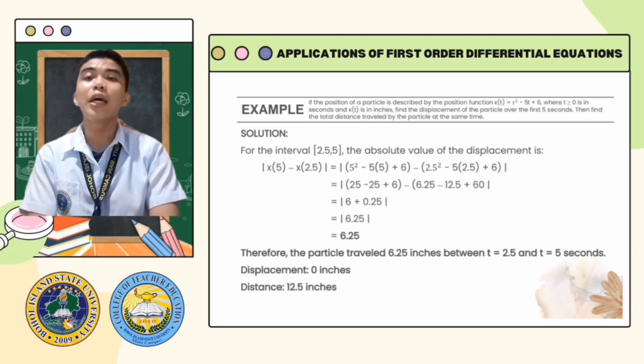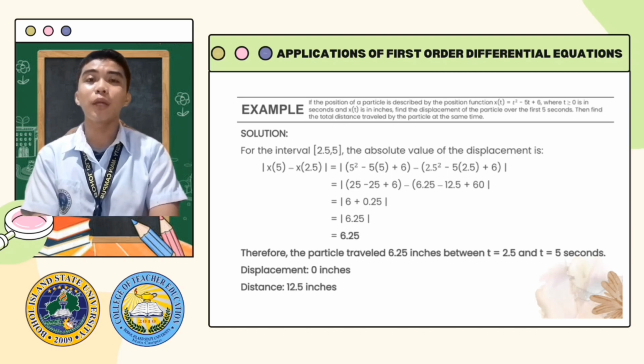So that is the displacement of the particle from 2.5 seconds to 5 seconds. Therefore, the particle traveled 6.25 inches between 2.5 seconds and 5 seconds.